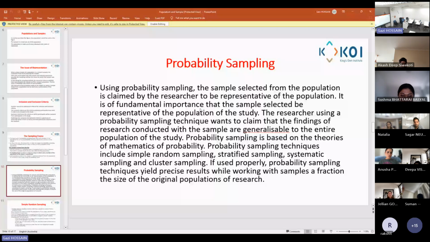So the researcher using a probability sampling technique wants to claim that the findings of the research conducted with the sample are generalizable to the entire population of the study.